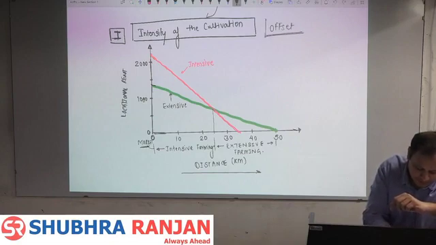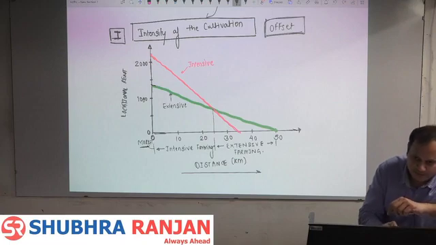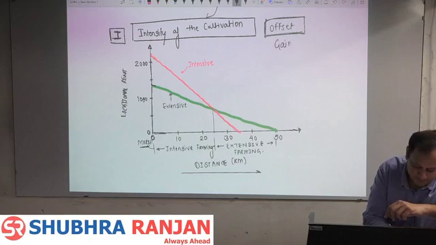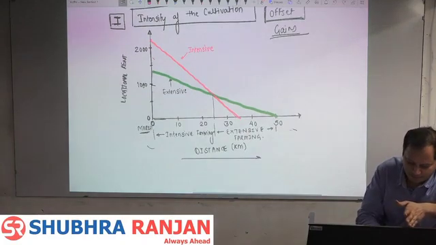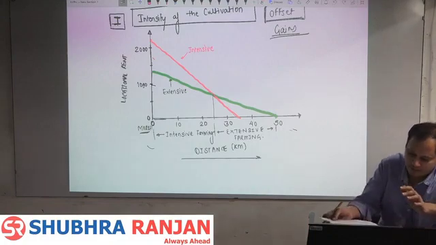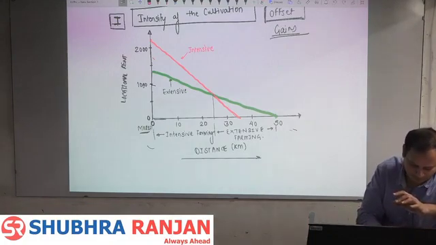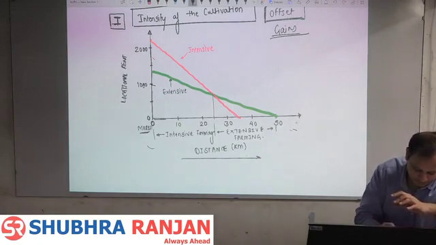And hence gains is nothing but locational rent, and hence extensive farming is practiced. Understanding? Extensive farming is practiced.